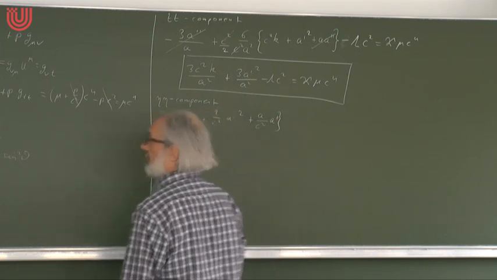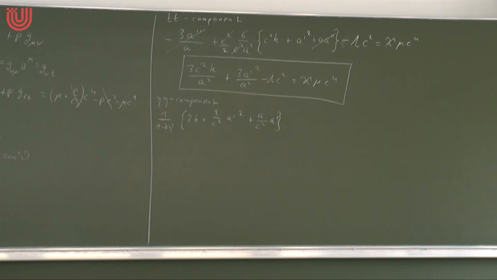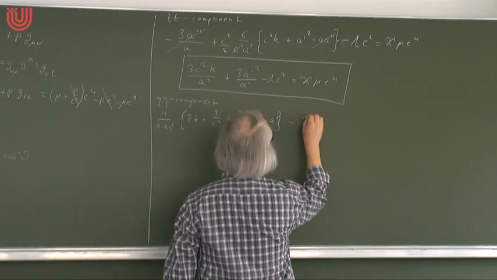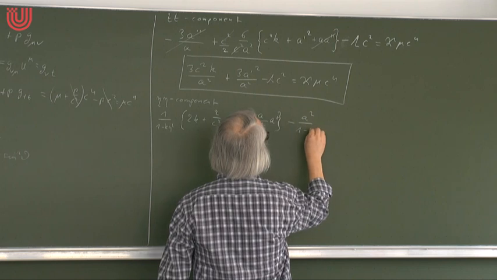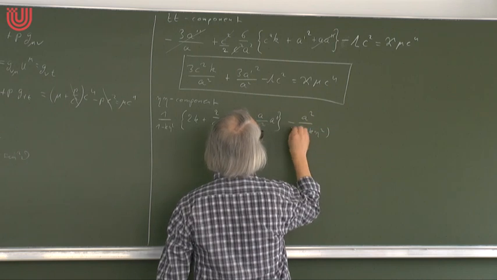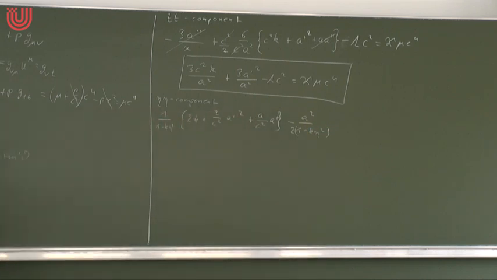That's r eta. And then I have minus g eta half. So this is minus a of t squared divided by 1 minus k eta squared and the 1/2. And times r. Where's r? Here's r.